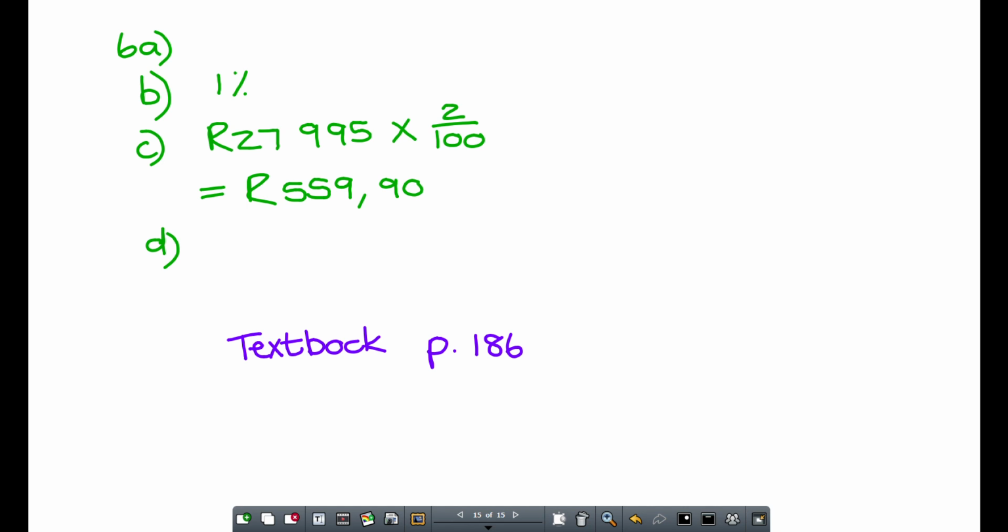If you receive a monthly income below a certain amount, let's make it 3,000. Ek weet nie wat die huidige bedrag is nie, maar sê nou maar jy verdien minder as R3,000 per maand, né? Dan beteken dit ek self gaan nie tax hoef te betaal op my salaris nie, op my inkomste. Okay, but we're going to get to that later on. I think that's only in grade 12.